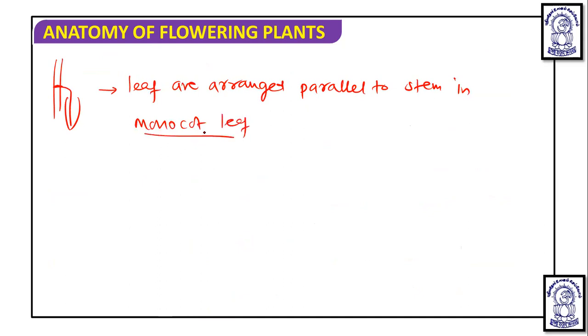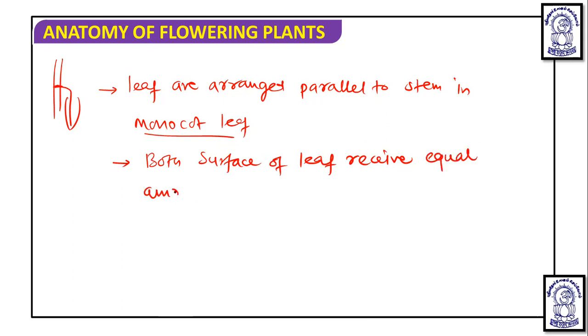So when they are arranged parallel to the stem, both surfaces of the leaf receive an equal amount of sunlight.